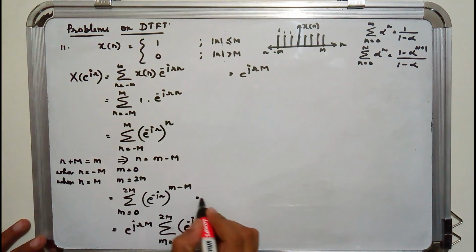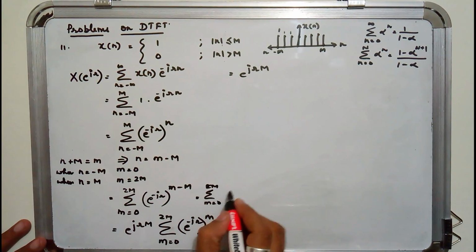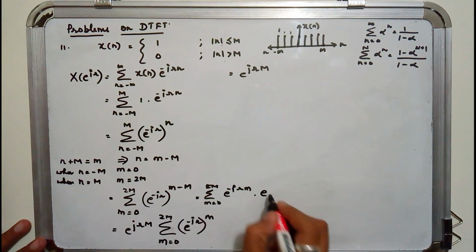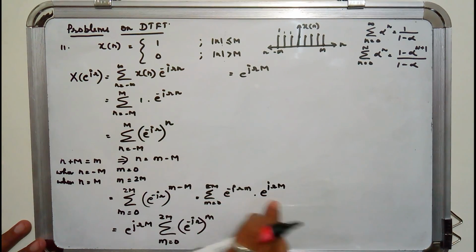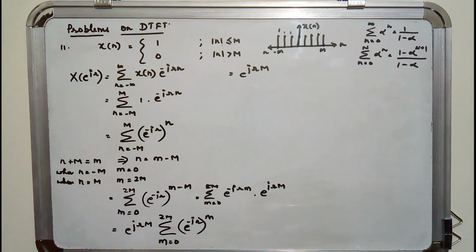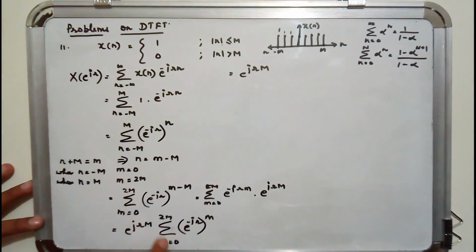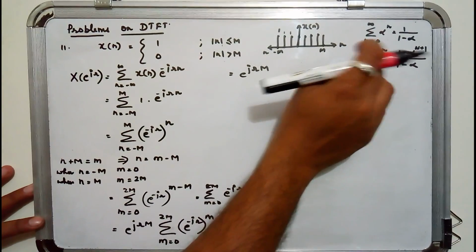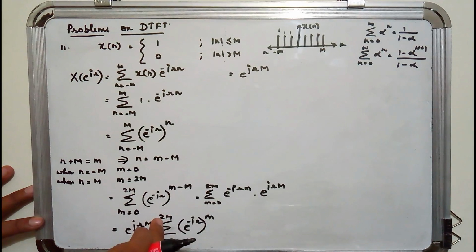If you have not understood, I'll write it this way: summation m is equal to 0 to 2M, e power minus j omega m into e power j omega capital M. So this e power j omega capital M, I have taken out. What is the summation? 0 to 2M, that means finite terms. So it will be 1 minus alpha to the power n plus 1. What is n here? 2M.